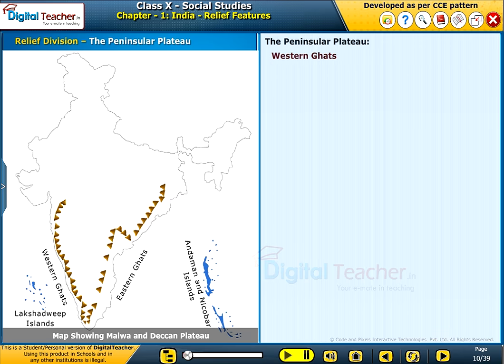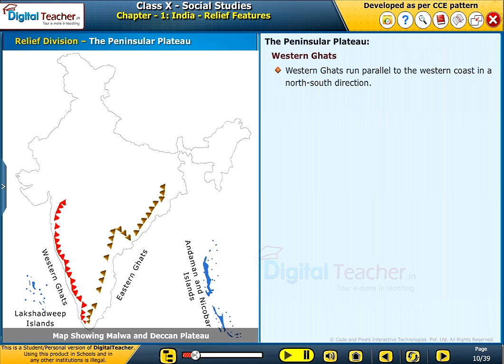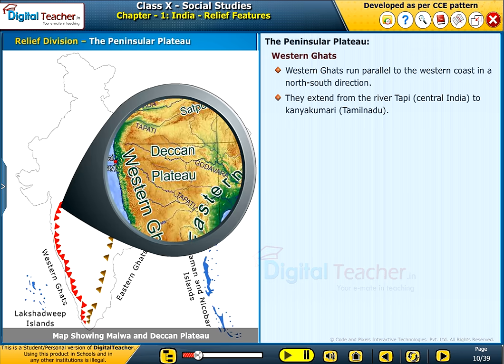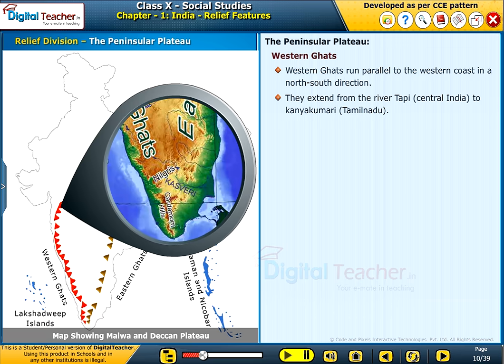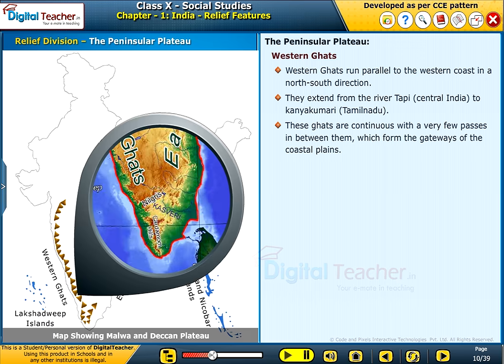Western Ghats. Western Ghats run parallel to the western coast in a north-south direction. They extend from the river Tapi, central India to Kanyakumari, Tamil Nadu. These Ghats are continuous with a very few passes in between them, which form the gateways of the coastal plains.